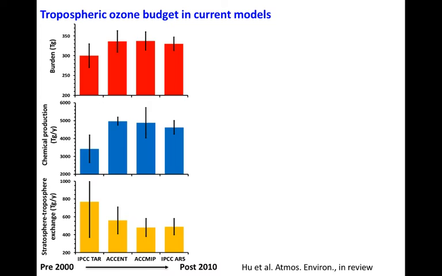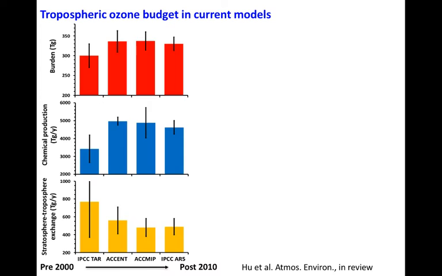As you can see, most of the models agree on the tropospheric ozone burden, roughly 320 teragrams plus or minus 20, a very narrow range. But those models provide a pretty wide range for the production rate, which means those models can produce a similar tropospheric ozone burden, but for totally different reasons.